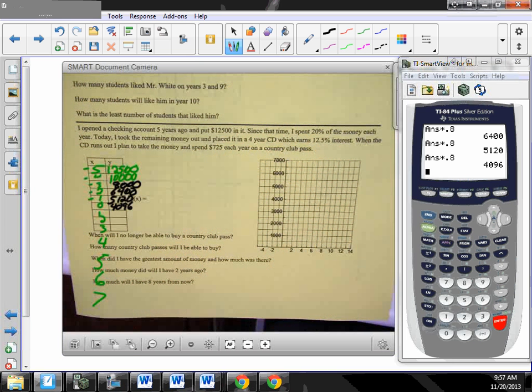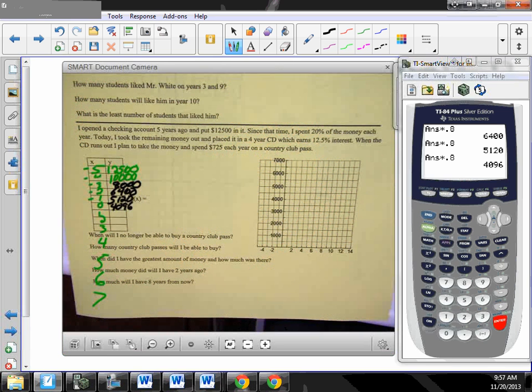Well, do I need to use my stats calc in order to figure out what this equation is? What do I need to know in an exponential equation? I need to know the percent, which is 0.8, and I also need to know year 0. Do I know year 0?